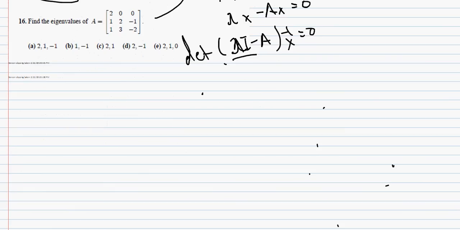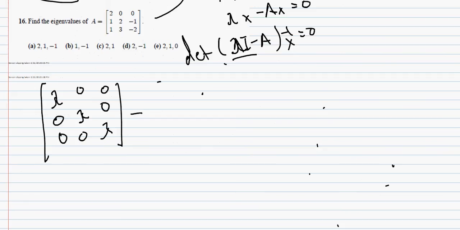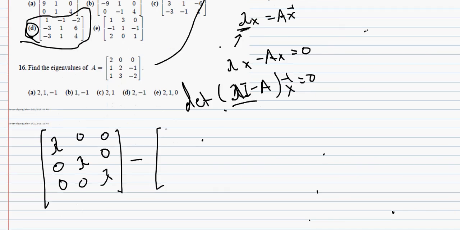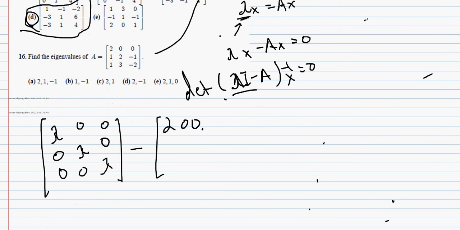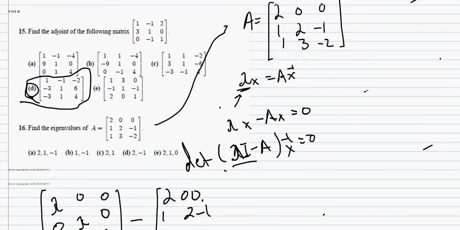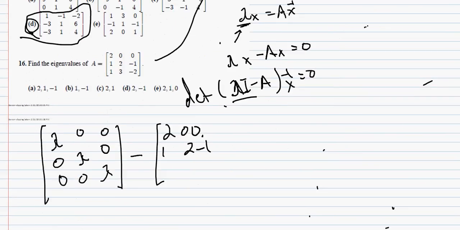What this means is lambda times identity. That means lambda, lambda, lambda on the diagonal, and 0s elsewhere, minus A. What is A? A is 2, 0, 0, 1, 2, negative 1, and 1, 3, negative 2.